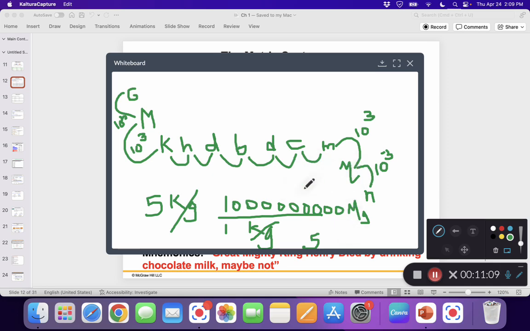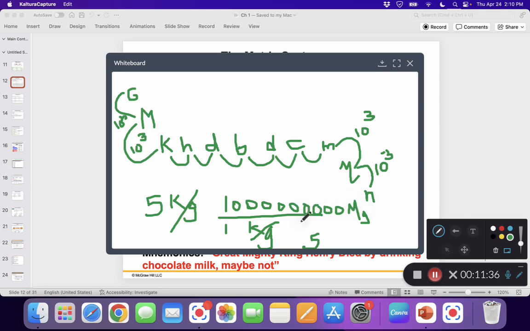So you can always start from the larger prefix and then find the relation with that, how much is the smaller prefix, and then we can convert from one to another. Okay, and we are going to use the conversion factor. So what I am doing here is using the conversion factor. I'm converting the kilogram into microgram here.